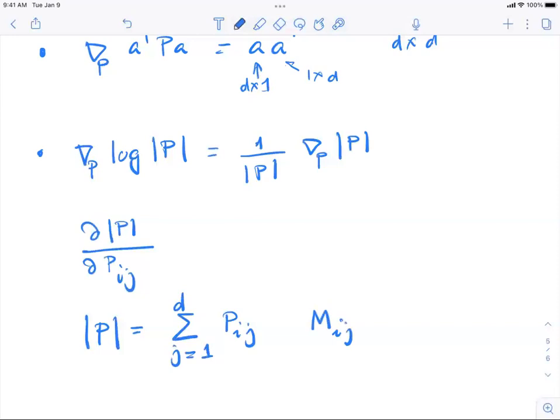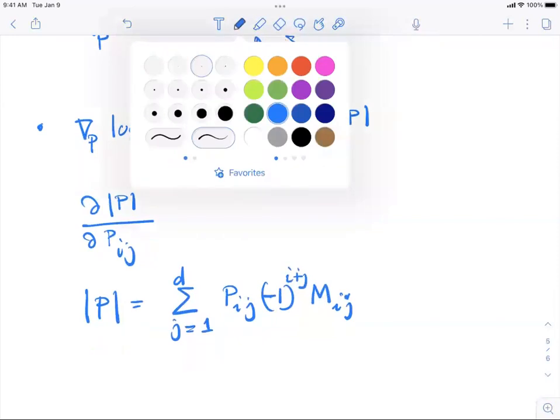And that's why I'm going to denote it as M_ij. And I will also have to multiply it by -1 to the i plus j. So there's an alternating sign business happening as I proceed along either a row or a column. And that is one way to compute a determinant. In fact, in elementary linear algebra courses, we sometimes define determinant that way, right? So this is how we compute determinant. Let me just remind you what this is.